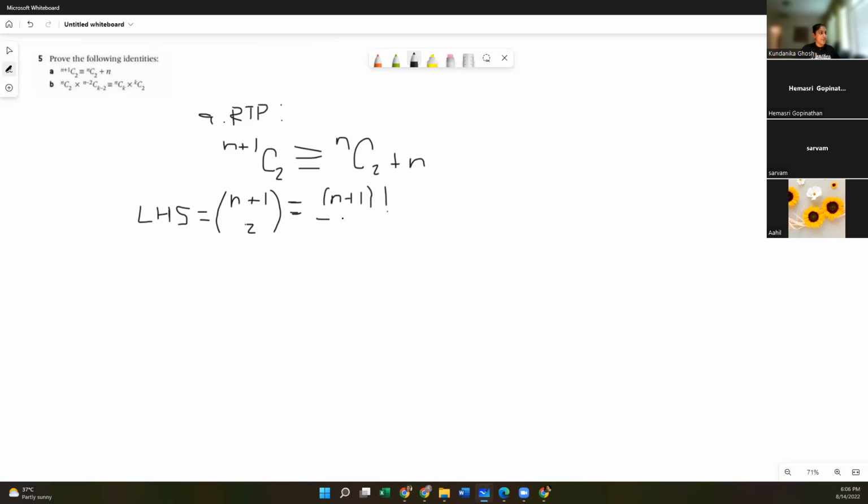Factorial over 2 factorial, which is just 2, times n minus 2 factorial, or n plus 1 minus 2, which should be n minus 1 factorial. Okay, sorry. N minus 1 factorial, correct? Everyone good so far? Or do we have to go back a bit?